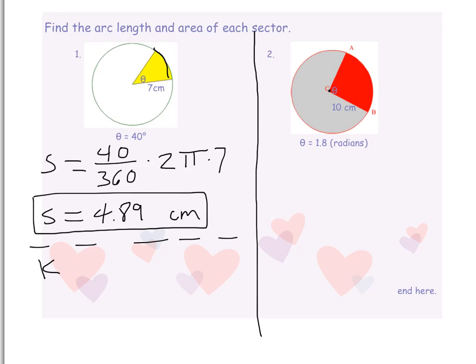Notice I'm switching over to K. Now it's time to look at area, which is still all about the fact that this is 1/9 of the area. So I'm going to take 40 over 360, multiply it by pi times 7 squared.